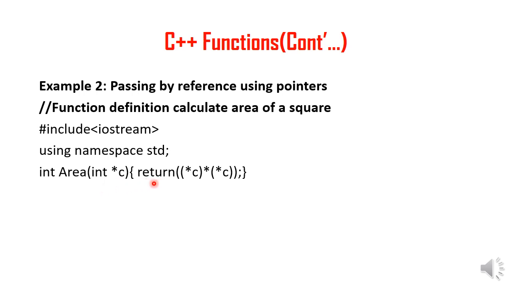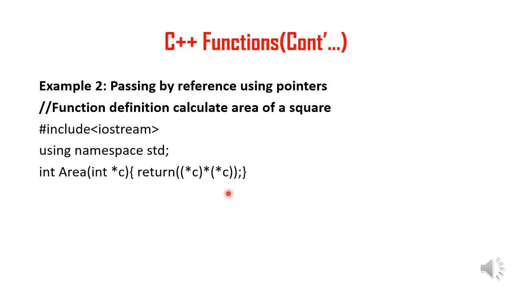Within the body of our function we have a single statement which is return pointer C times pointer C, because the area of a square is equal to the side times the side, or just side squared, and each statement is also ended by a semicolon.